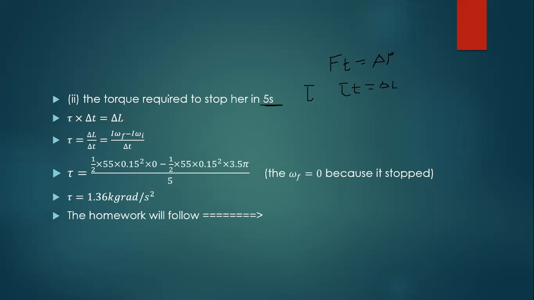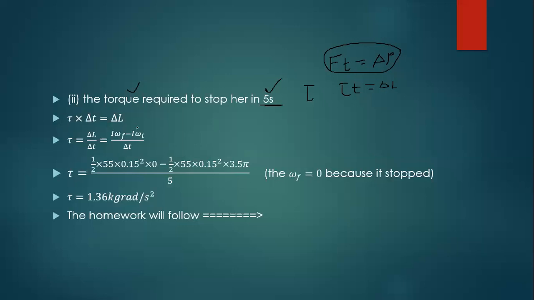They are asking us to find the torque required. So remember impulse. Even here, we are going to use impulse in angular momentum, such that the torque multiplied by the change in time will give us a change in angular momentum. The change in time was 5 seconds for her to stop.